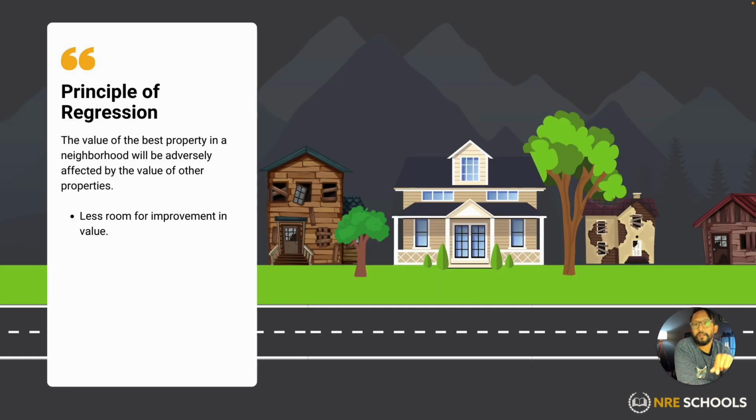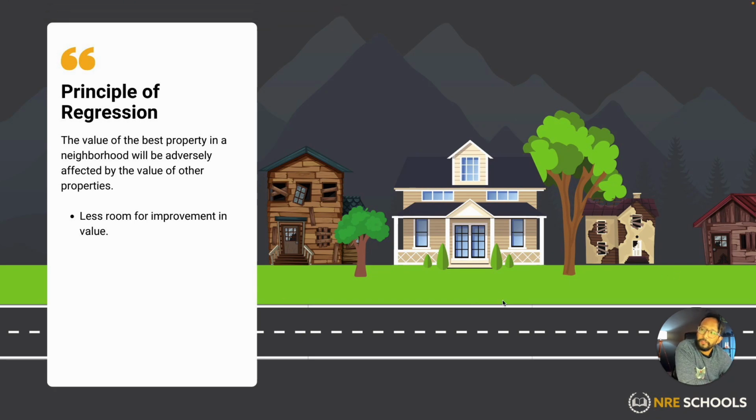Principle of regression. This one here is your super nice house in a crummy neighborhood. And that's what I try to demonstrate with this image here. You got the super nice house, and all these houses are kind of run down.